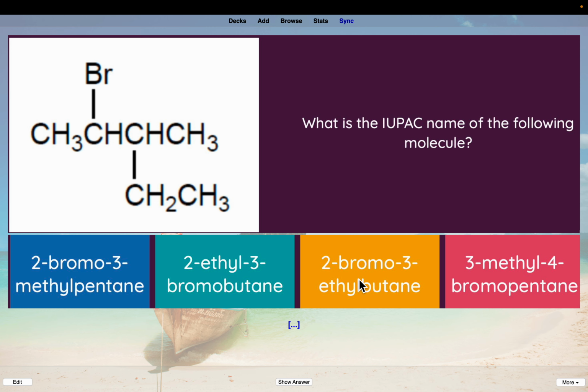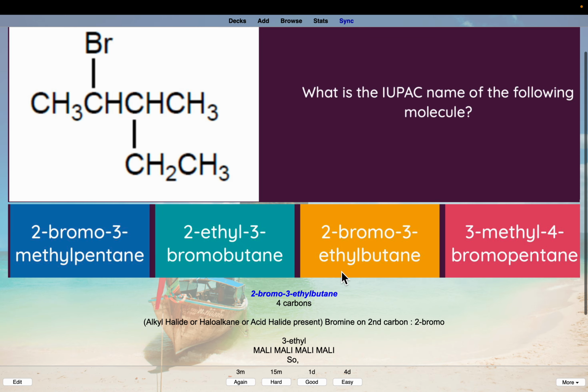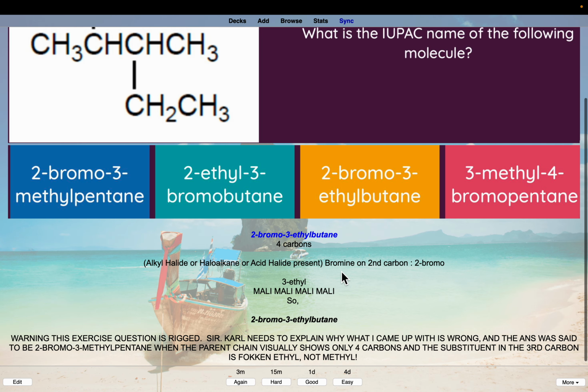It's either the yellow choice, or this, 2-ethyl bromobutane. I'm thinking it's this yellow choice, 2-bromo 3-ethyl butane. Okay, that's correct.